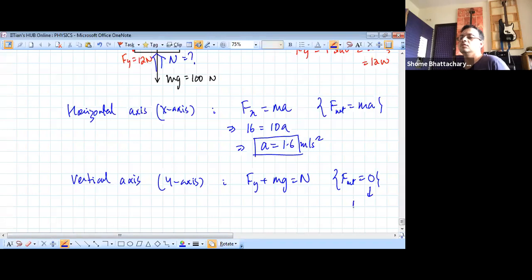So normal reaction is becoming how much? It is becoming Fy, which was 12 newtons, plus weight, which was 100 newtons. So the normal reaction is becoming 112 newtons.